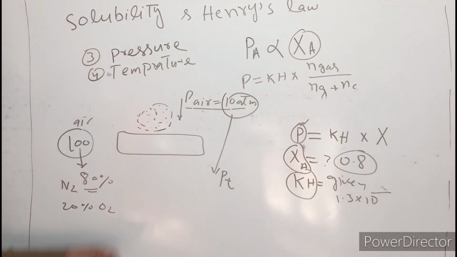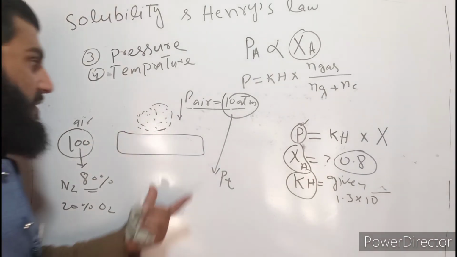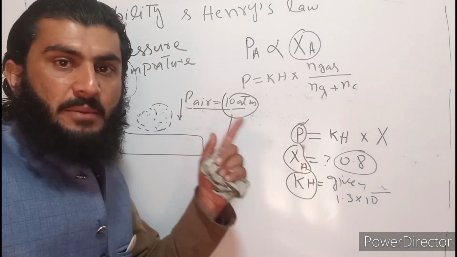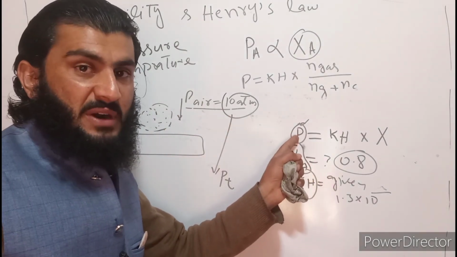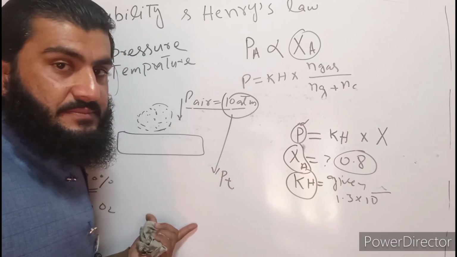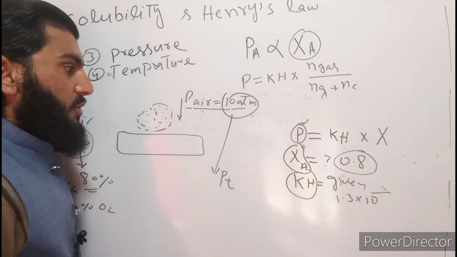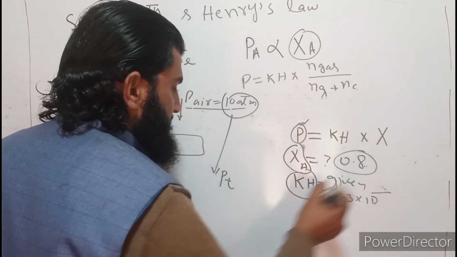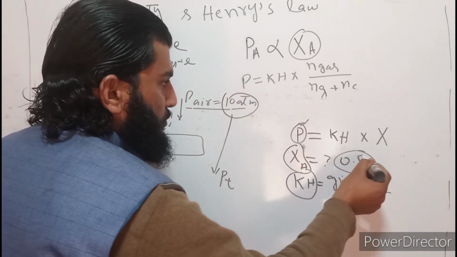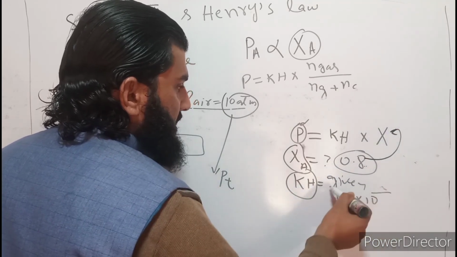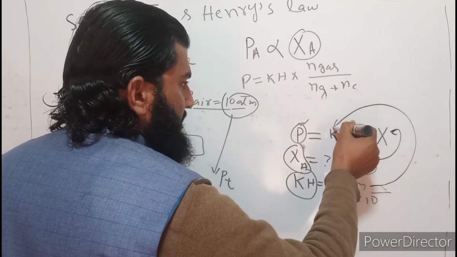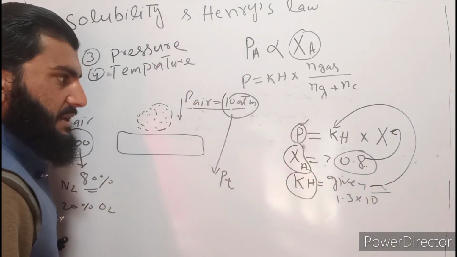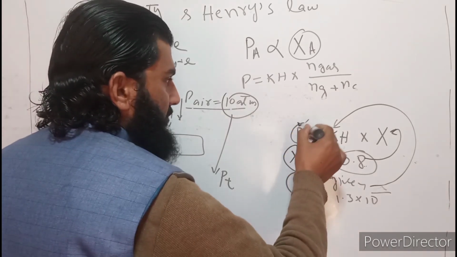So how will we find the partial pressure? Now this is the mole fraction, we will put the value here. The kh is also given, and we will find the value of Pa.